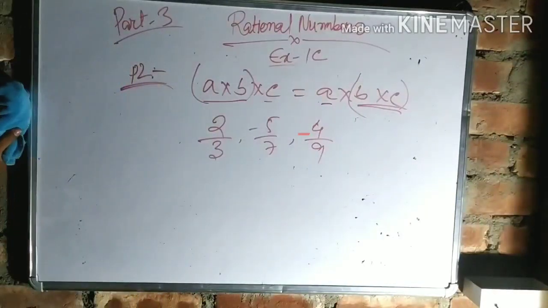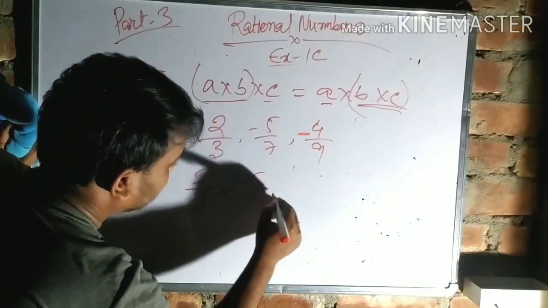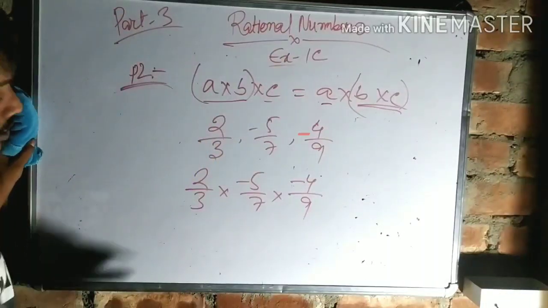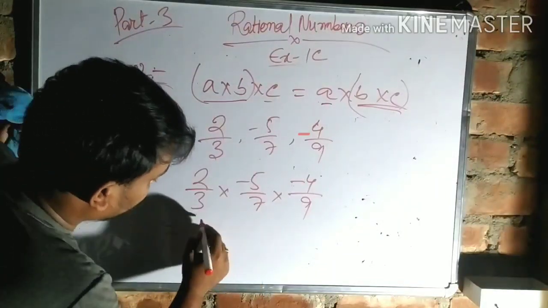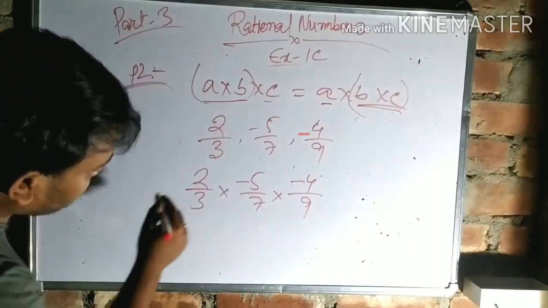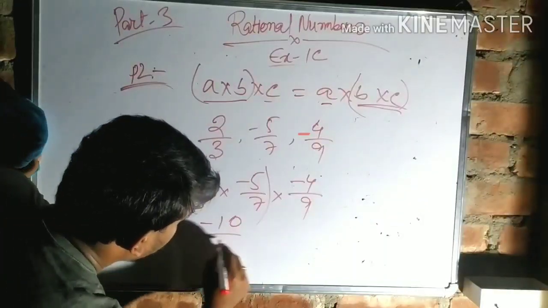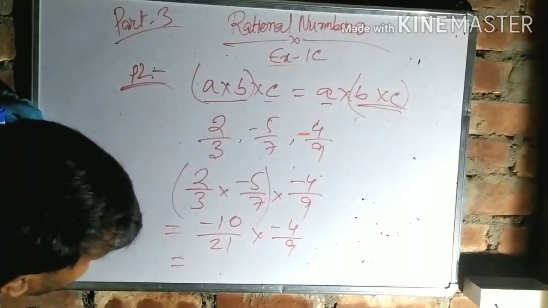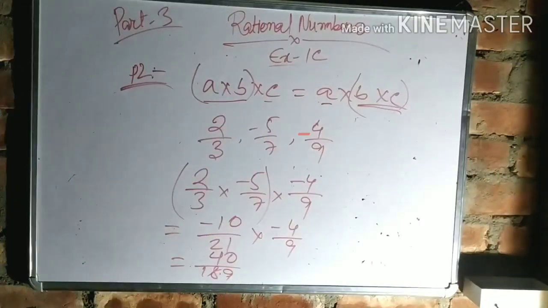If we multiply 2 by 3 into minus 5 by 7 first, the result is minus 10 by 21. Then minus 10 by 21 into minus 4 by 9, the sign is plus, and the result is 40 by 189.